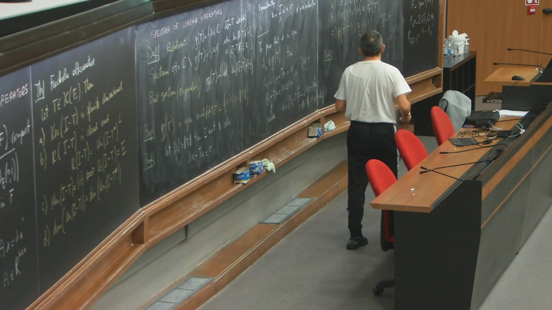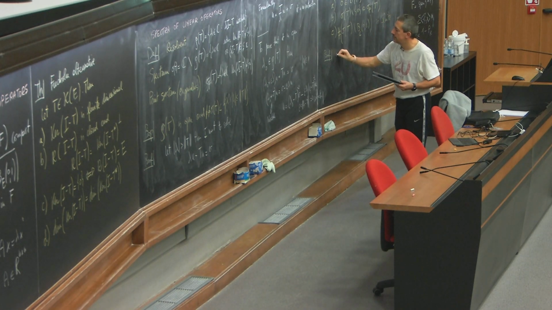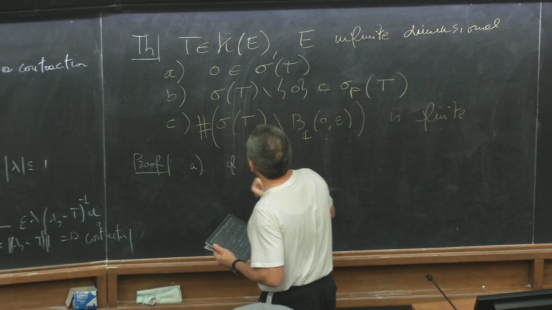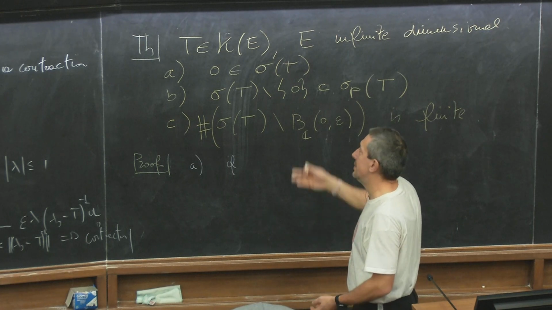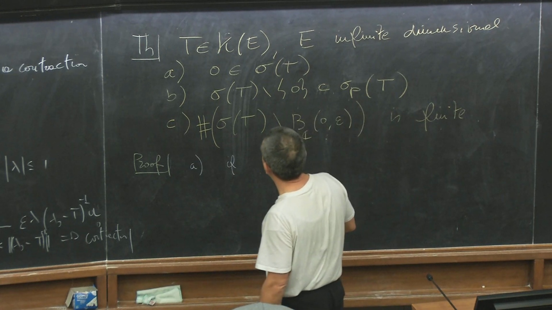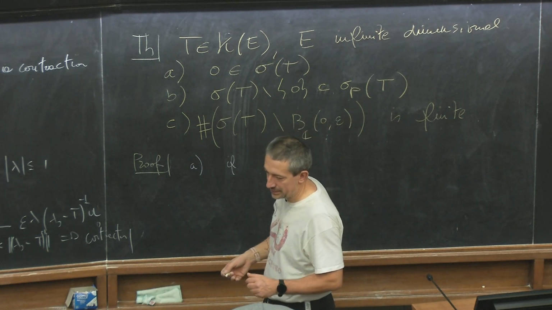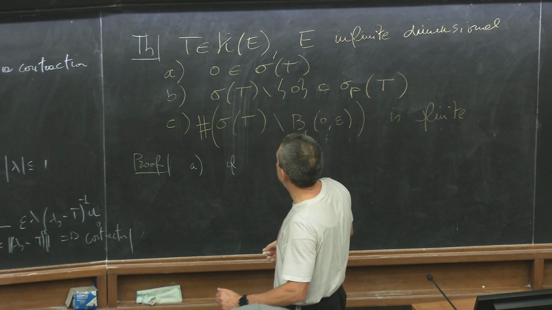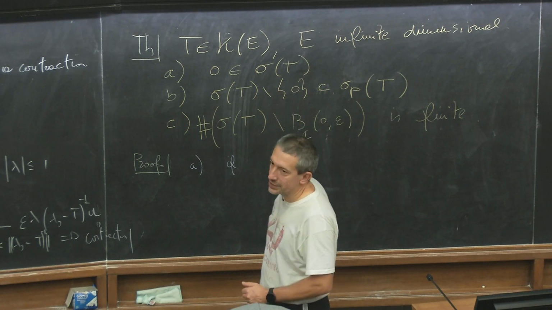So let's see. This is quite straightforward. Point A. It's just a corollary from the fact that compact operators are an ideal of the set of bounded operators. Namely, a bounded operator multiplied by a compact operator is always a compact operator.